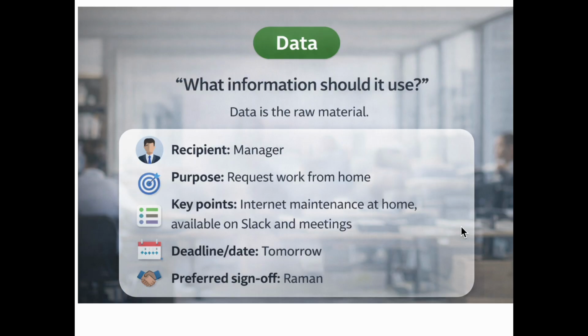For our email example, the data would be: the recipient is my manager, the purpose is to request work from home, the key points are internet maintenance and availability on Slack and meetings, the date is tomorrow, and the sign off is my name. When you give clear data, the AI doesn't invent details, it works with facts.